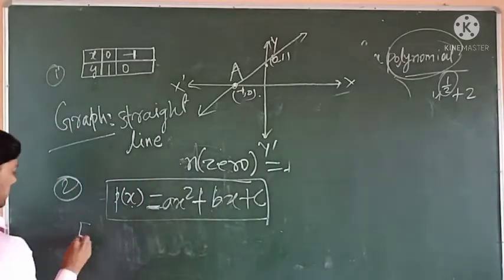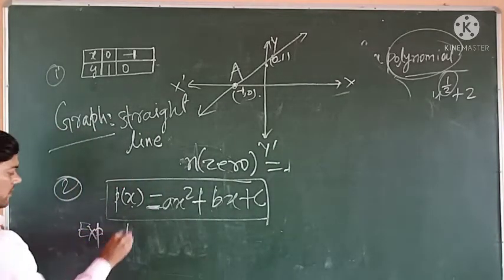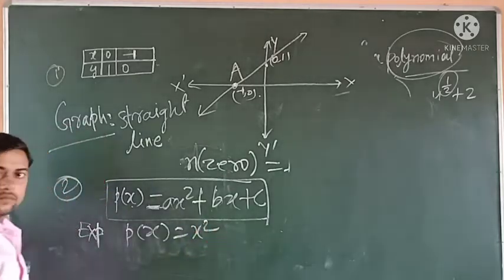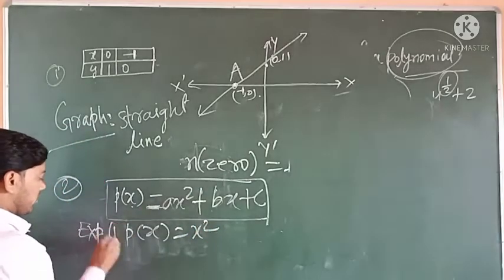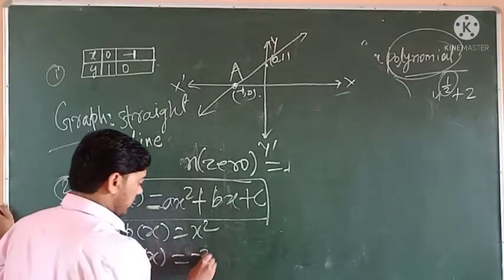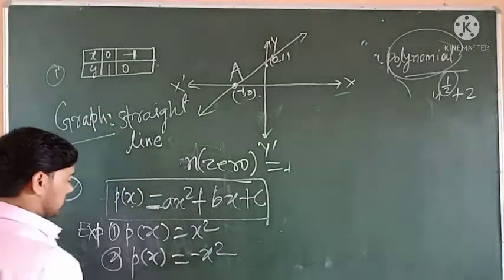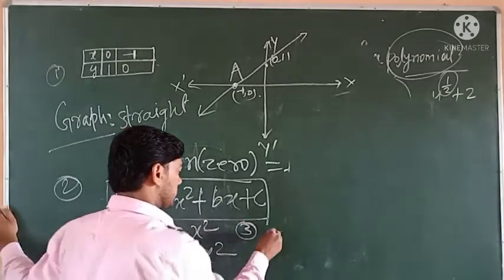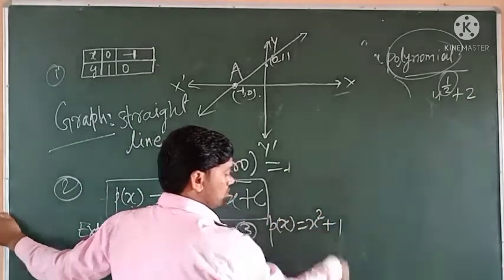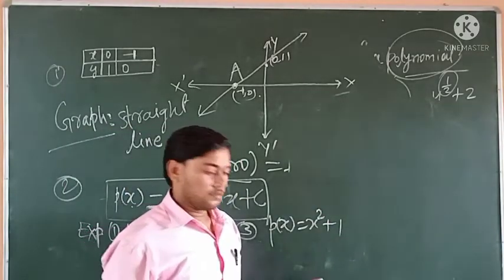Suppose the quadratic polynomials are px is equal to x square, second one is px is equal to minus x square, and third one is px is equal to x square plus 1.